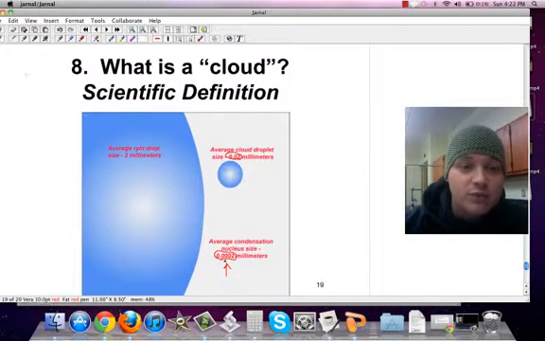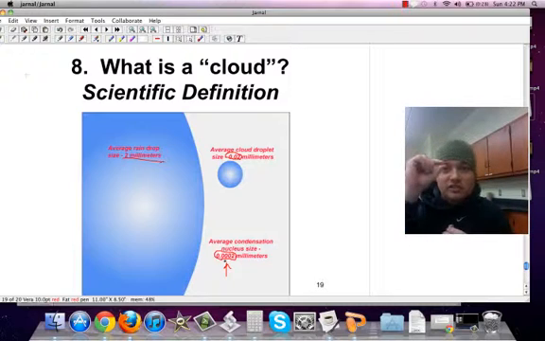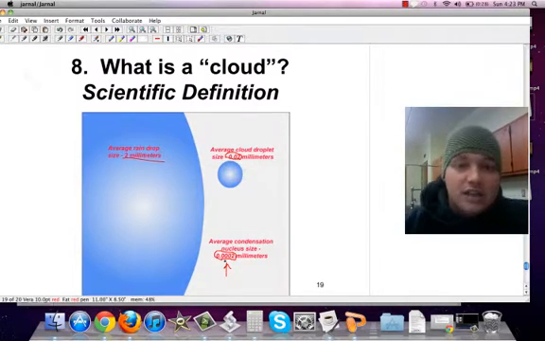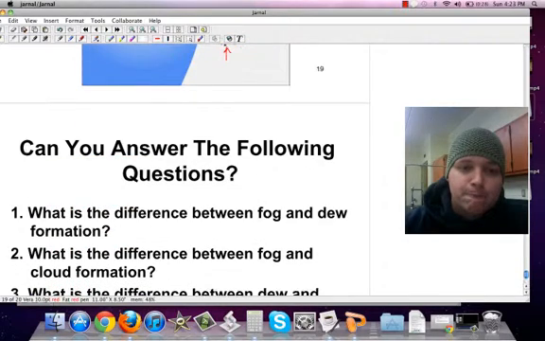And then you look at the average rain droplet, the size of it, 2 millimeters. So you look at what it starts off as and how many little clumps have to get together in order to form one, what you and I would call a raindrop. It takes a lot. And raindrops, although we think that they're quite large, are quite small on the grand scale.